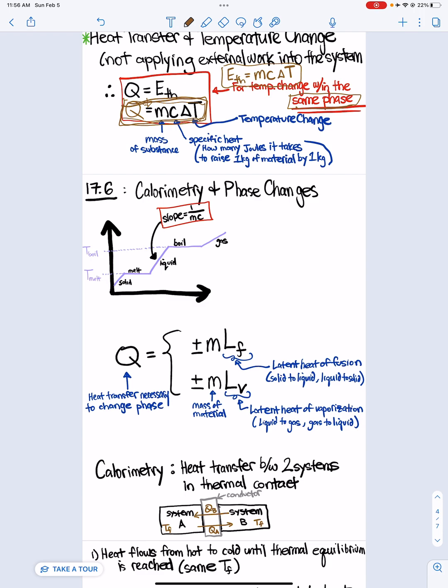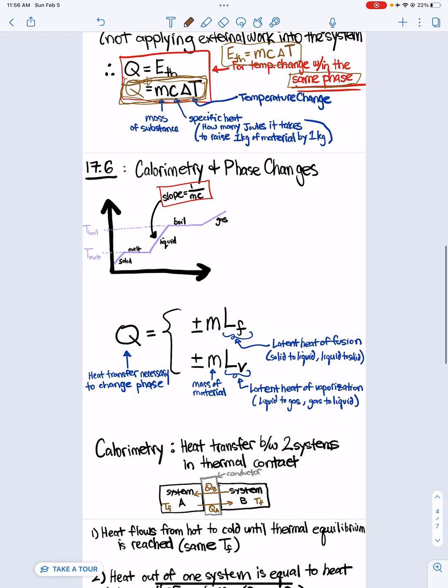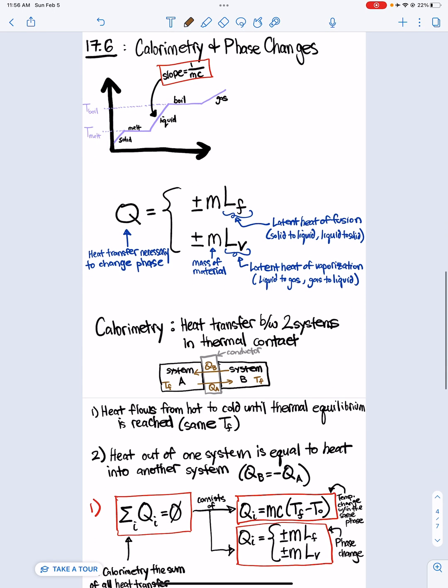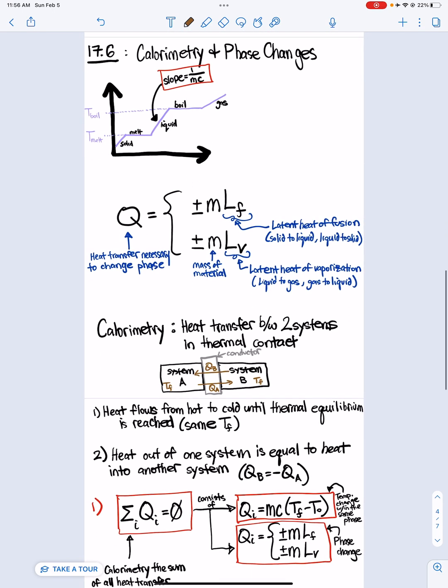We also have to take into consideration the heat transfer necessary to change phase. We'll talk more about that shortly in 17.6, which we'll talk about right now. So 17.6, calorimetry and phase changes.